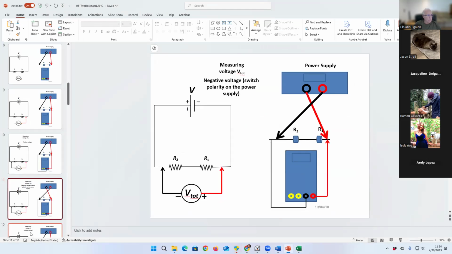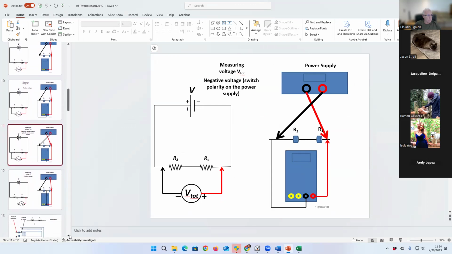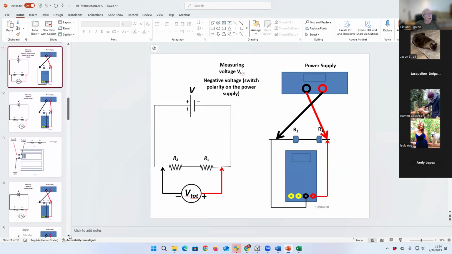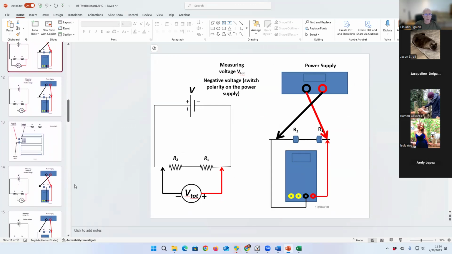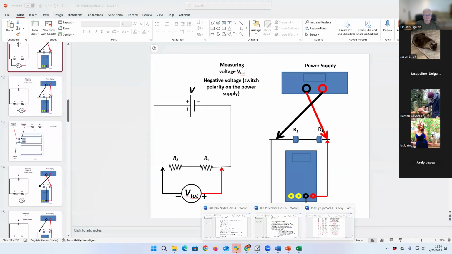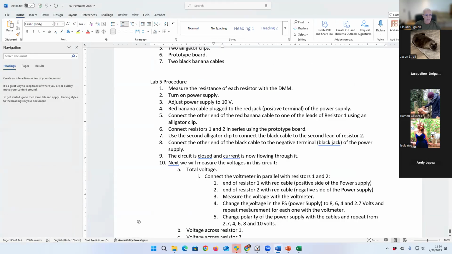So now what you're going to do now? We're going to measure the voltage across resistor 1. And let me connect the voltmeter. Let's see, total voltage.